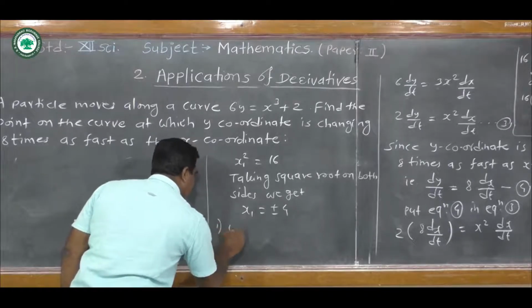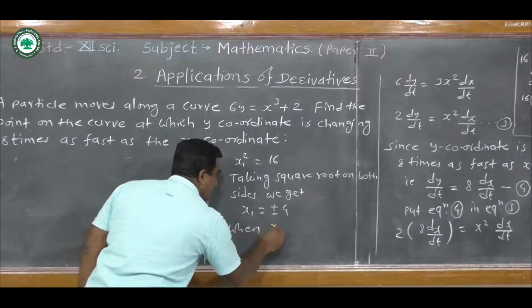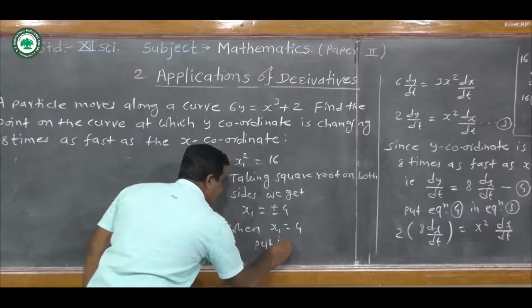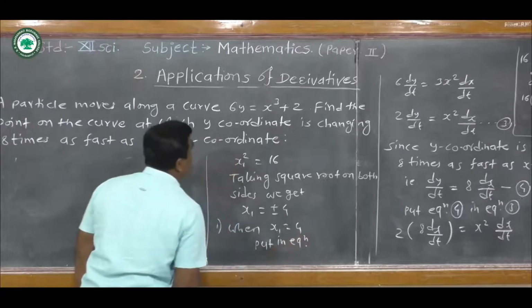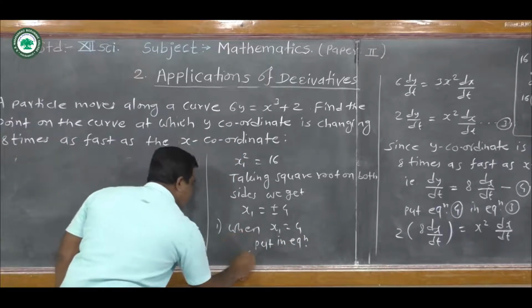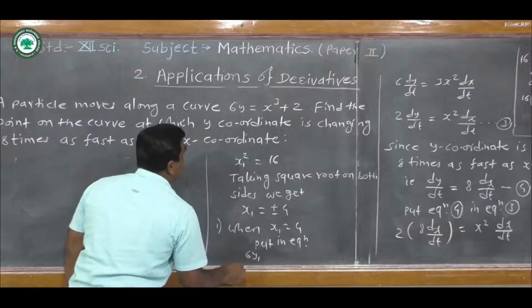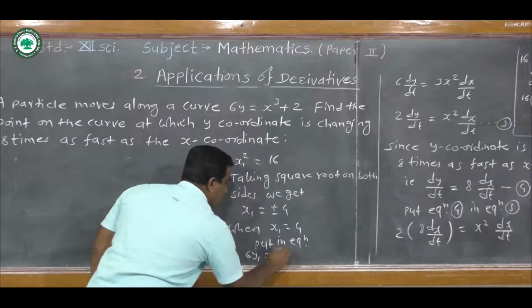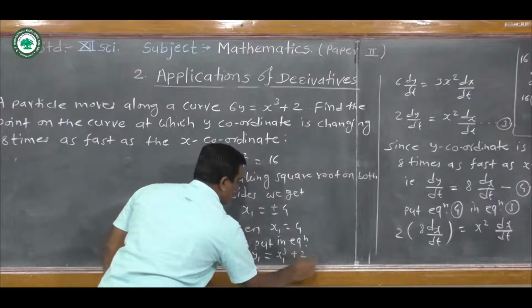Number first, when x1 equal to 4, put in this equation at point P(x1, y1): 6y1 is equal to x1 cube plus 2.